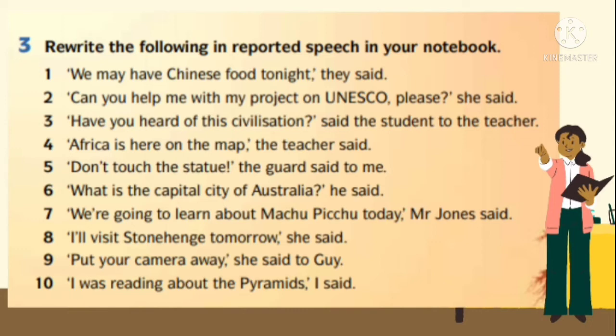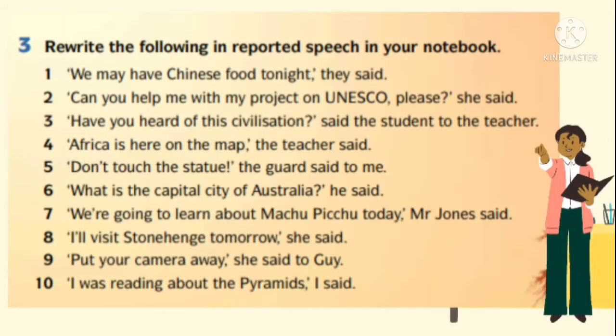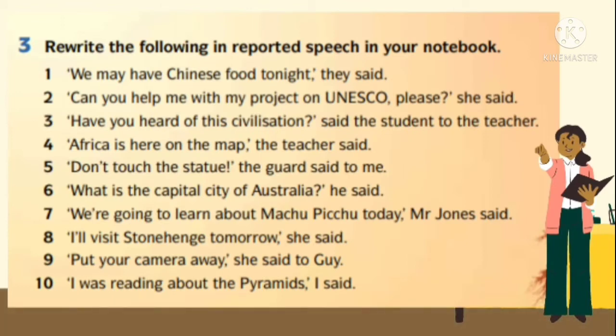Okay, now I would like you to do this practice on page 125. Rewrite the following in reported speech in your notebook. There are about 10 questions, so you have to read them carefully before you rewrite the sentences in reported speech. Number 1, "We may have Chinese food tonight," they said.